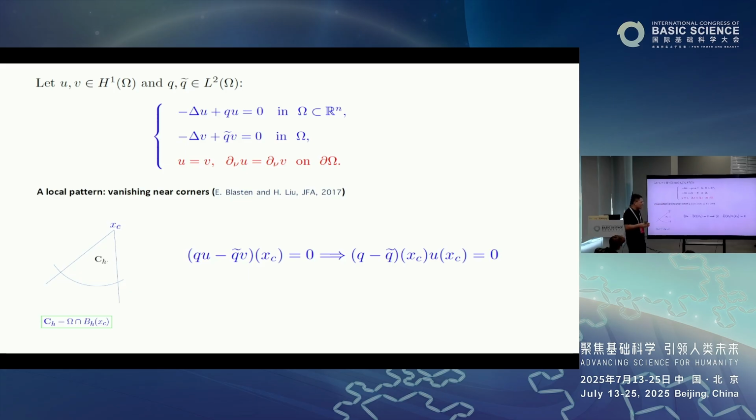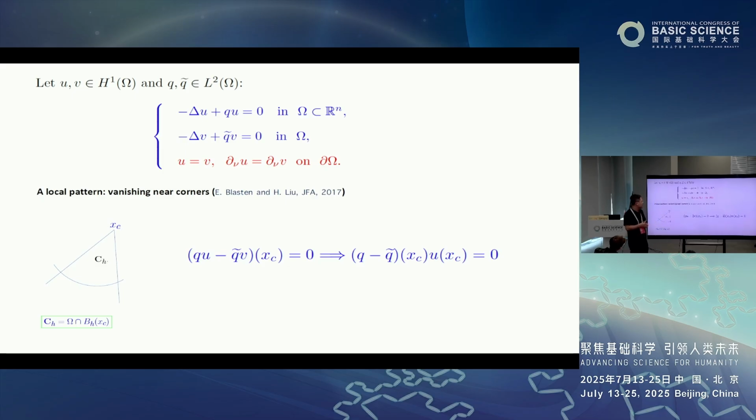What we can derive for sure is that the difference of the lower order terms, I mean qu minus q tilde v, must vanish at this corner point. Based on this, using uxc equal to vxc, we can further deduce that the difference of these two coefficients, q minus q tilde, times uxc equals 0.